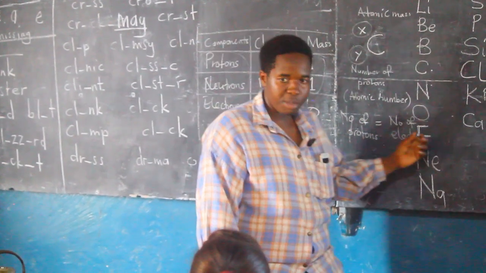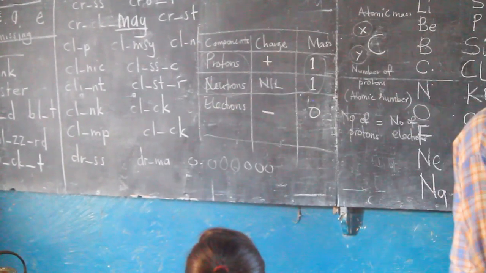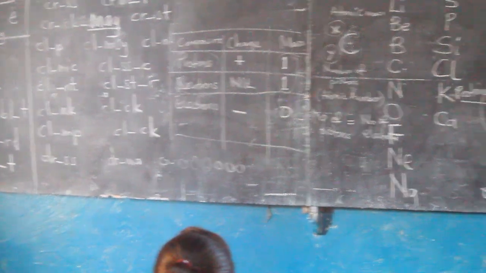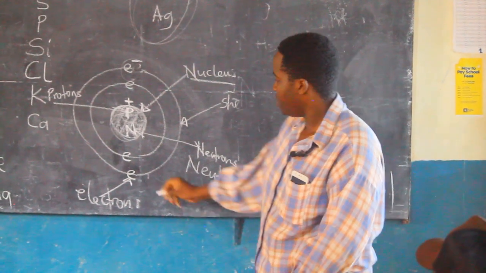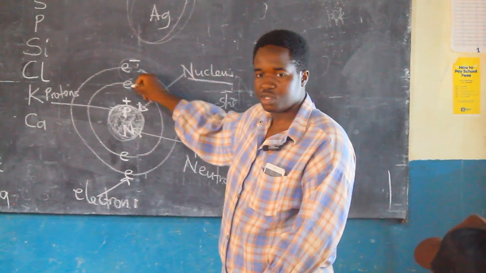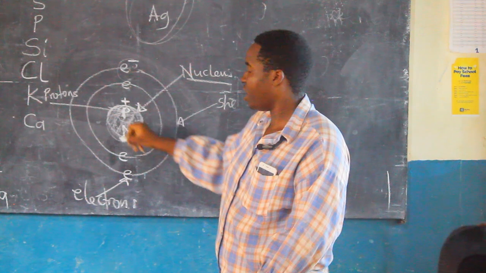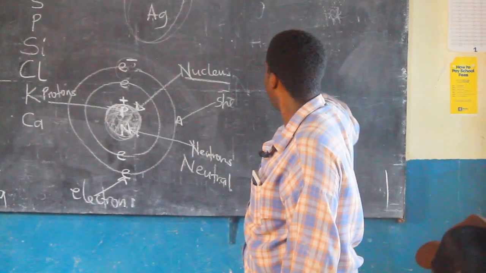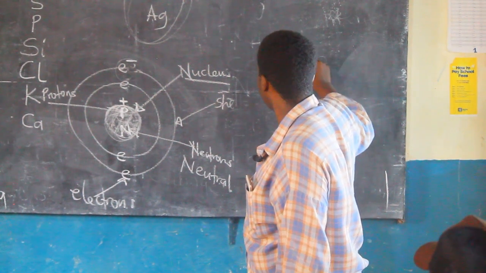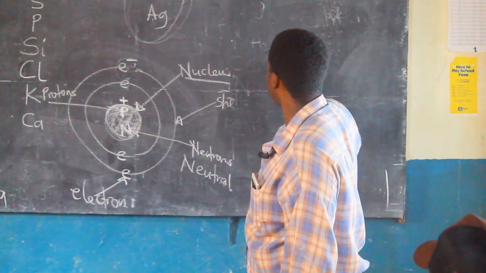Why? There are 4 electrons in this atom I've just demonstrated. We have 4 electrons. Yeah? Electrons are 4. That means the protons are also 4.